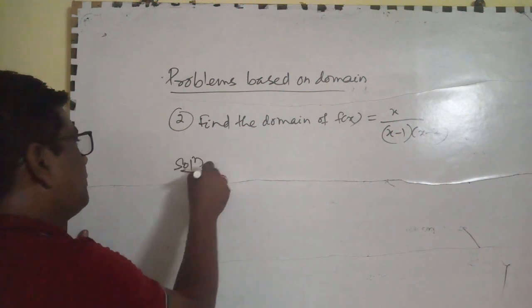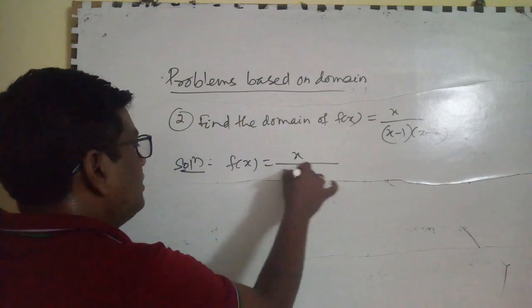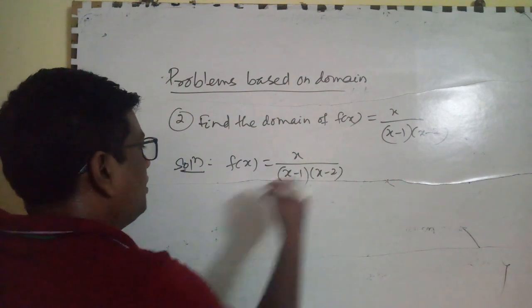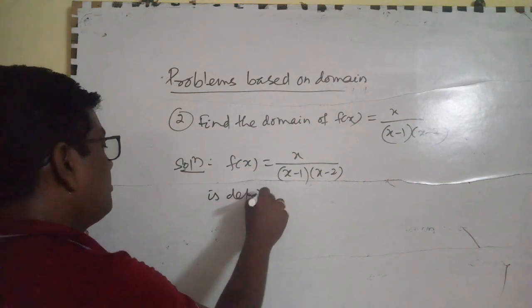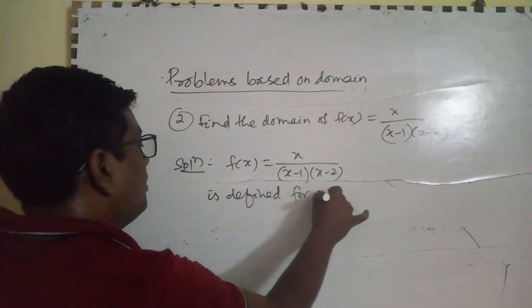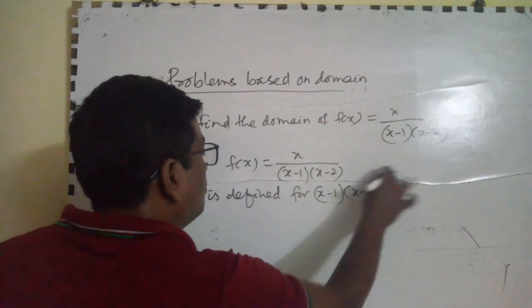Solution: f of x is defined for (x minus 1)(x minus 2) not equal to 0.